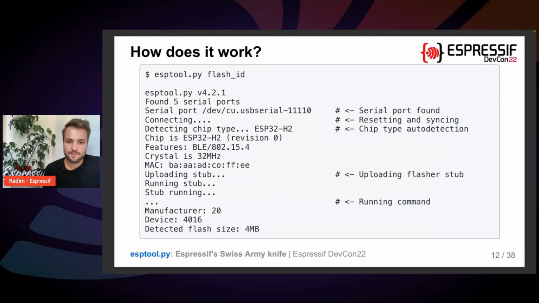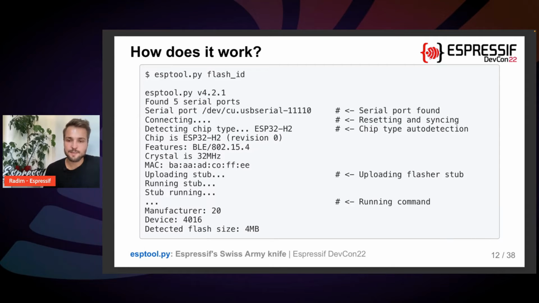This is a log using ESP32H2, which is an upcoming chip. Then ESP tool uploads something called the flasher stub and runs the stub. After the stub is running, our desired command is executed and we get the output. In this case, we were running the flash ID command, so we get the flash ID data.